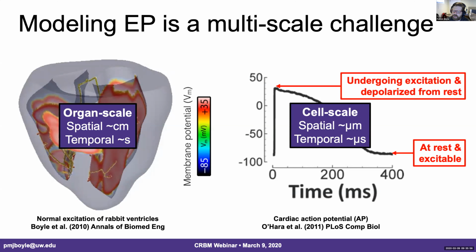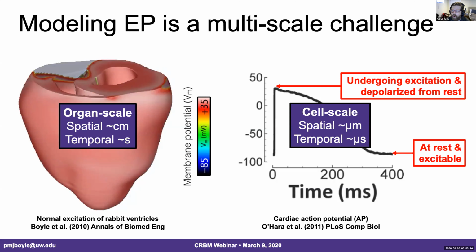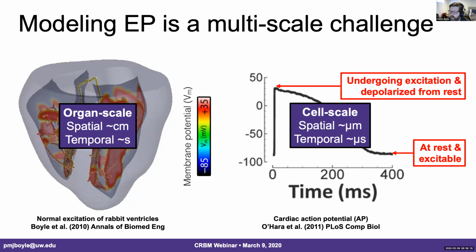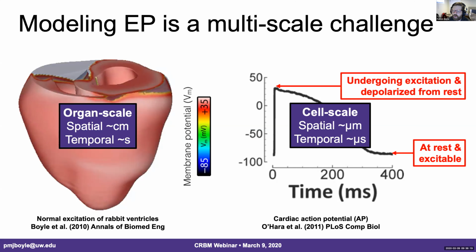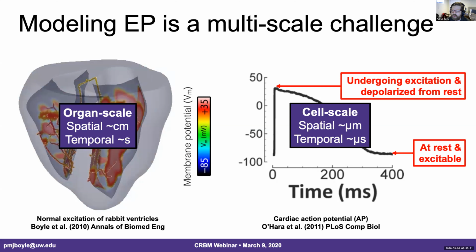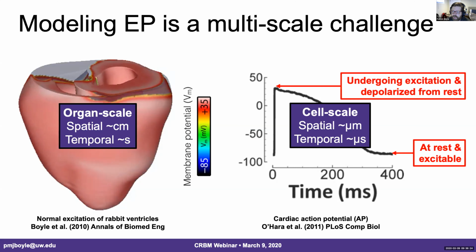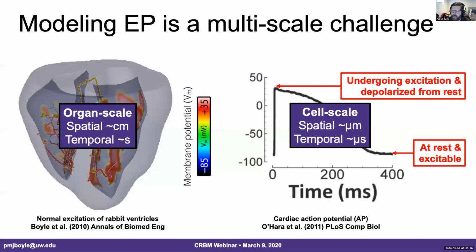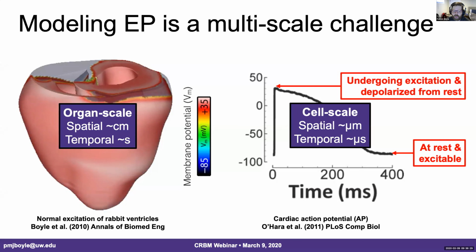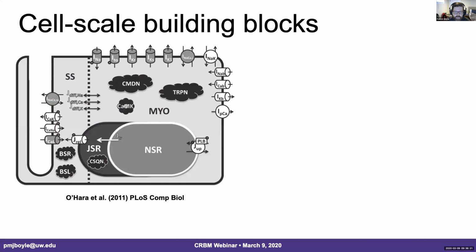The upstroke of the action potential takes place on the order of microseconds, and the events that happen at the subcellular scale, such as release of calcium from the sarcoplasmic reticulum, or buffering of calcium in different buffers, or indeed flow of different ionic species across the membranes of the mitochondria, take place with time constants on the order of microseconds. So this can get pretty hairy pretty fast when we're trying to simulate cardiac arrhythmia at the organ scale.